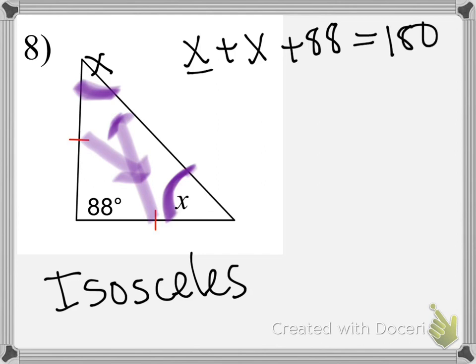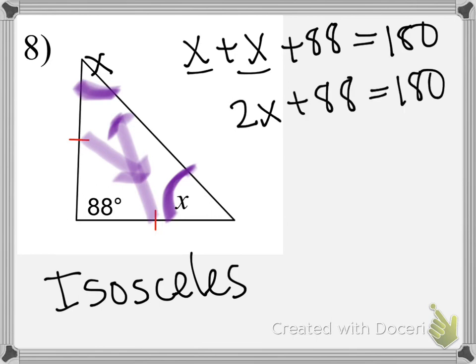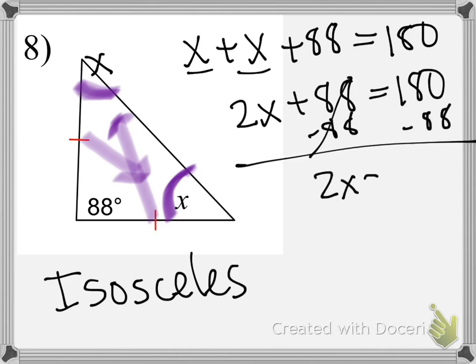Combining like terms, I get 2x plus the 88, and that's going to give me the 180. Subtract the 88 from both sides to do the inverse operation, so I get 2x is equal to 92. Divide by 2, and x is going to give me 46.